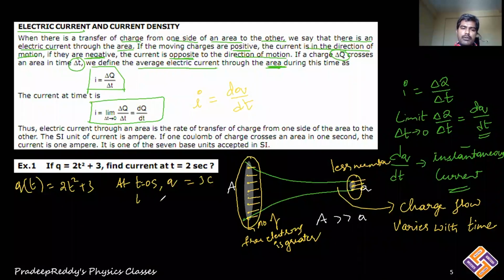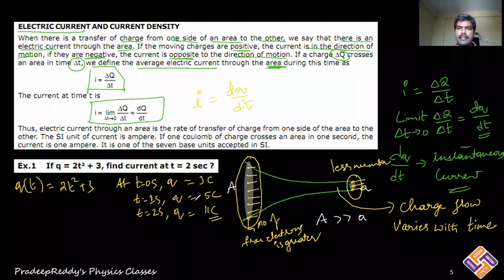At t equal to 1 second, Q will be 5 coulomb. At t equal to 2 second, Q will be 2 square is 4, 4 twos are 8, 8 plus 3, 11 coulomb. Charge flow varies with respect to time.